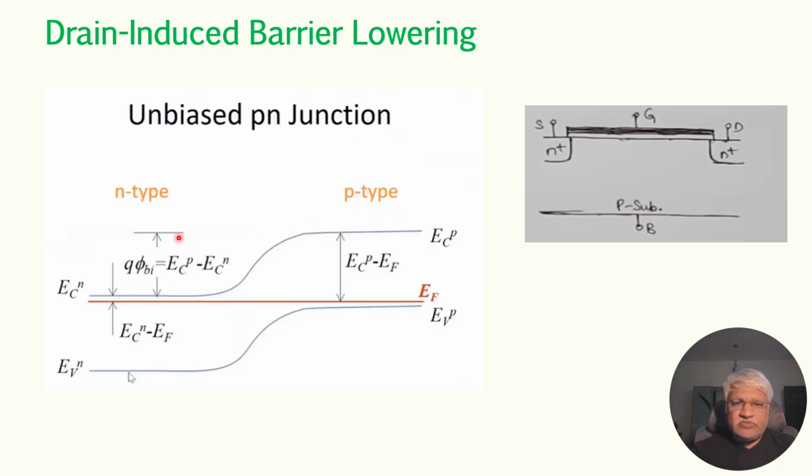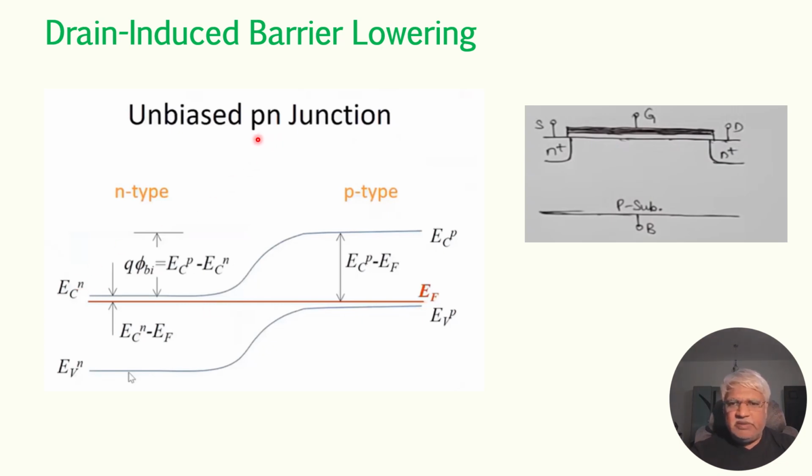Here, if you see, this is the N-type semiconductor because this is the Fermi level and this is the conduction band of this N-type. In the N-type semiconductor, the conduction band is very close to the Fermi level. Hence, electrons can easily jump to the conduction band. In the case of P-type semiconductor, as we all know, the Fermi level is very close to the valence band.